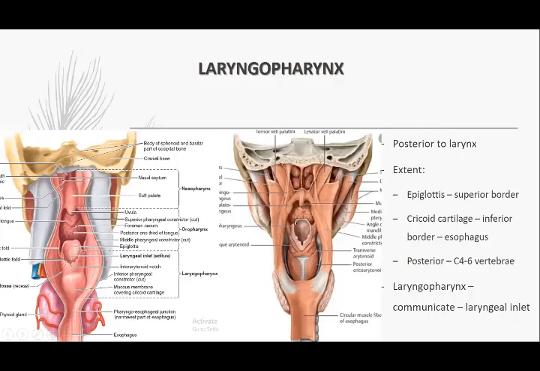And this is now the opening of the larynx, through this, the cartilages of the larynx.